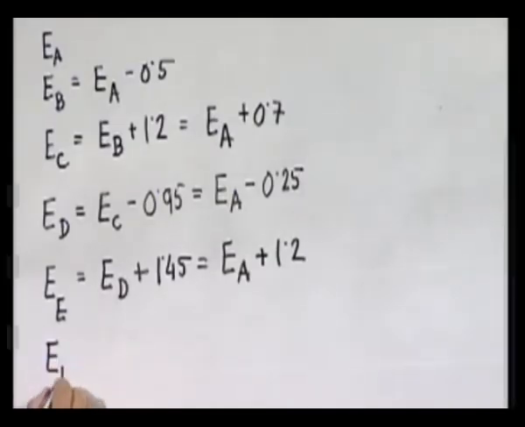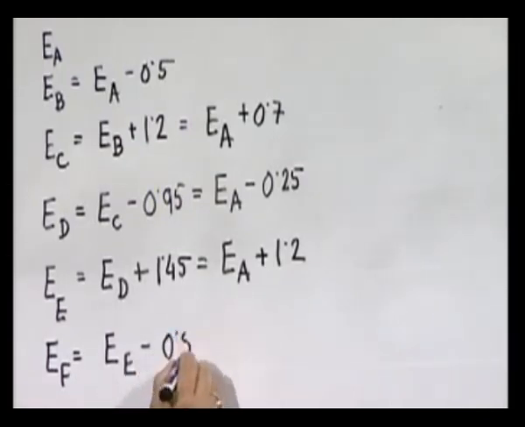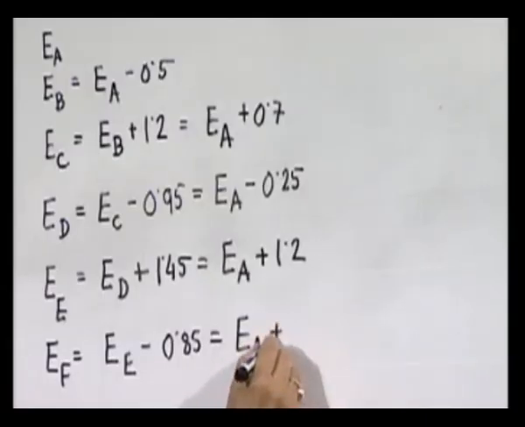E at point F is equal to E at point E minus 0.85, which is the same as EA plus 0.35.